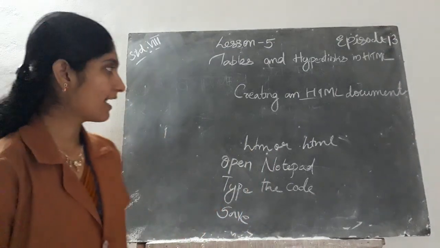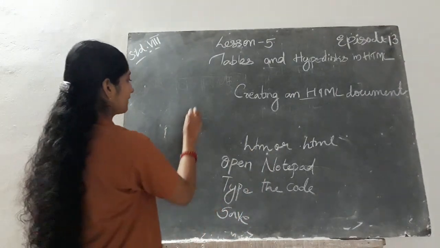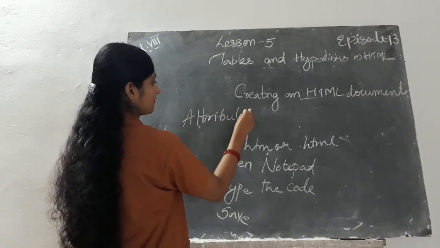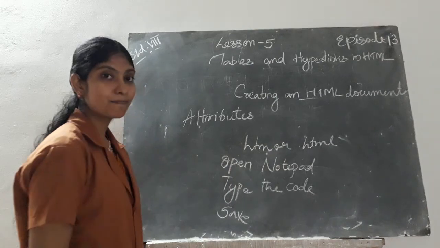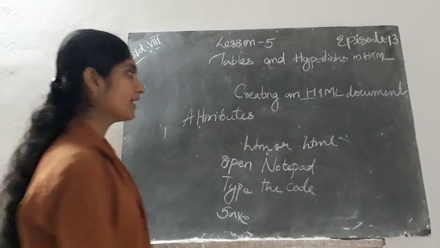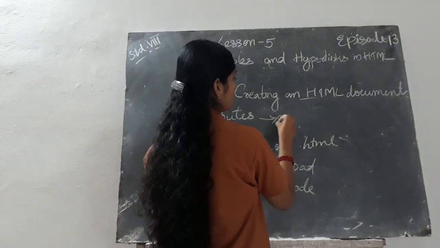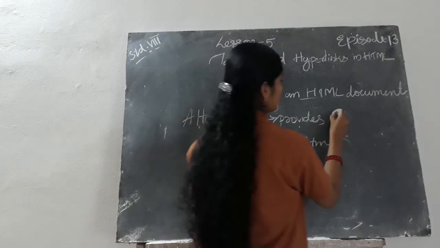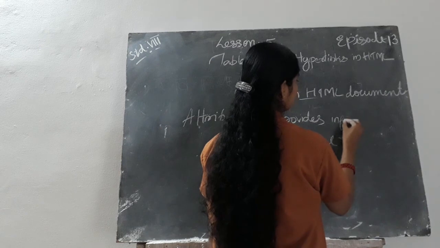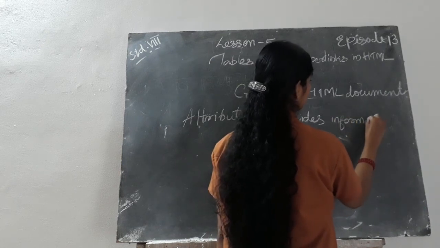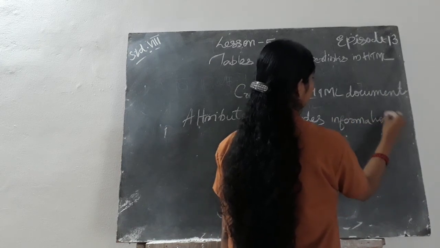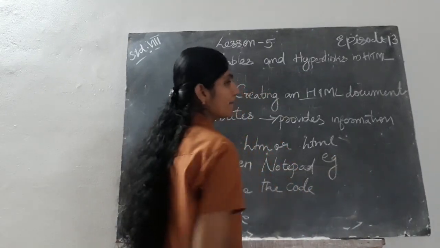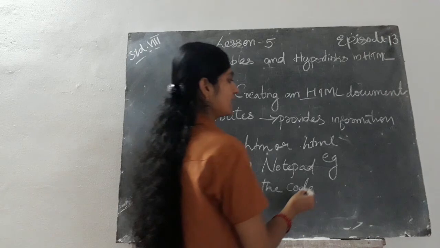So next is attributes. Attribute means it provides information to the tag. Example, background color or BG color.